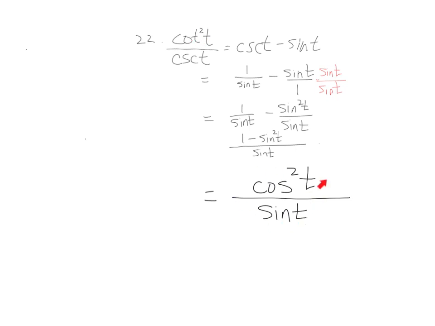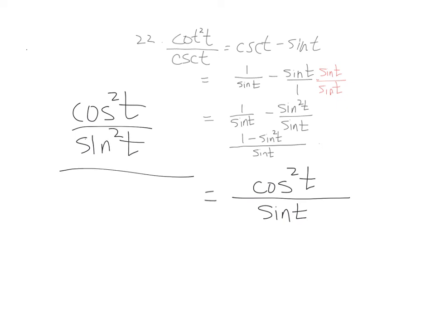But what would I need to do here in order to get this? Well, I have a cosine squared in the numerator, and I want a cotangent squared. Okay, I'm just going to keep in mind that cotangent squared is equal to cosine squared over sine squared. And then here I have a 1, the cosecant is 1 over sine t. So I want to somehow make this look like that.